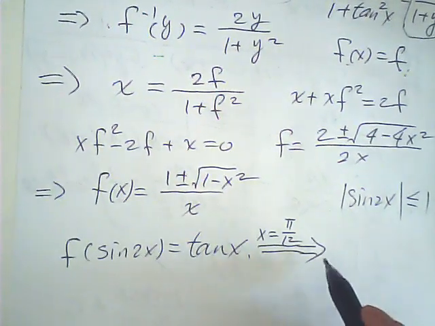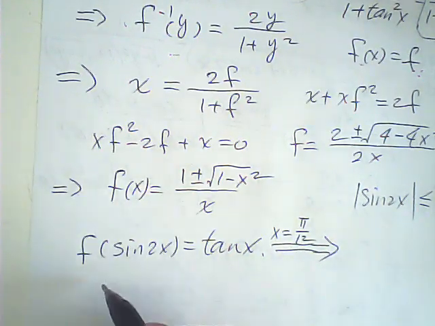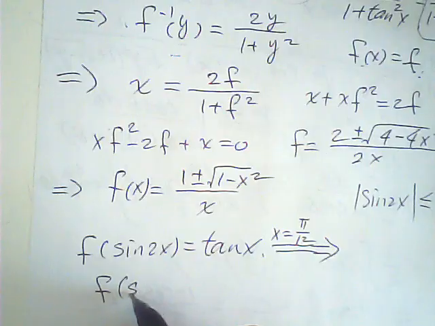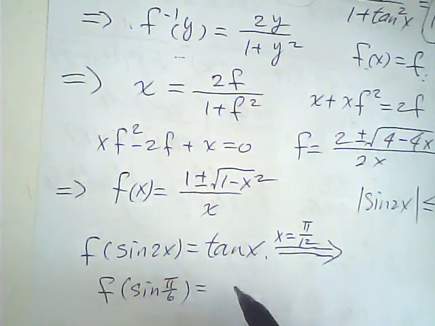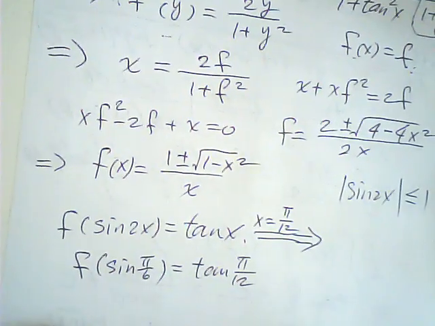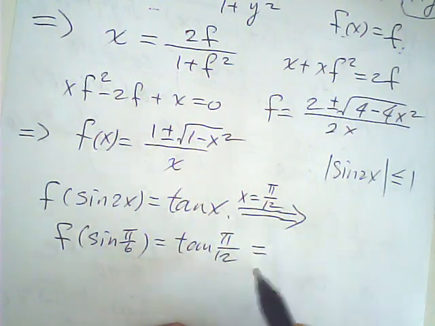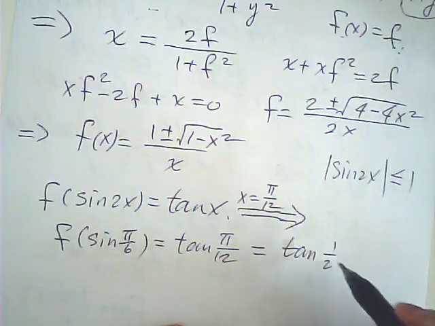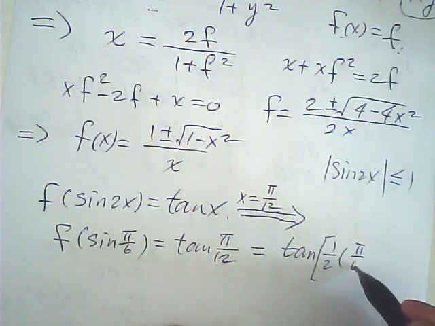Now, if we choose x as this, then f of sine pi over 6, right, is equal to tangent pi over 12. This is equal to tangent of 1/2 of pi over 6, right?